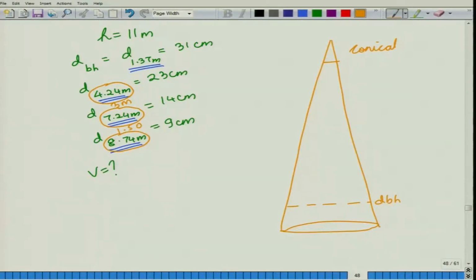So, let us divide our tree into 4 sections. Here we have our dBH. Let us take another section that has a height that is twice that of dBH. So, you had the first height as 1.37 meters, the second would be 2.74 meters.